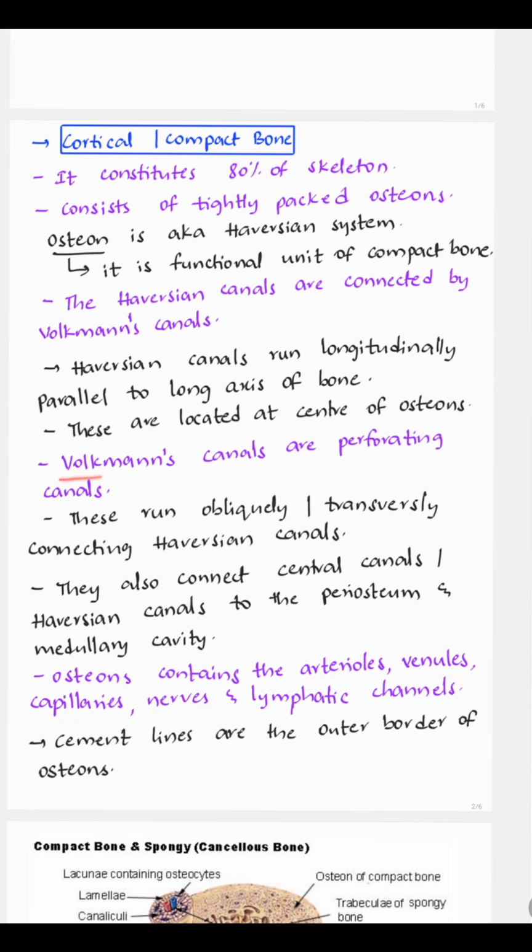The Volkmann's canals are the perforating canals. These run obliquely or transversely, connecting the Haversian canals. The Volkmann's canals also connect the central canal or Haversian canal to the periphery up to the periosteum, and to the medullary cavity centrally. Cement lines are the outer border of osteons.